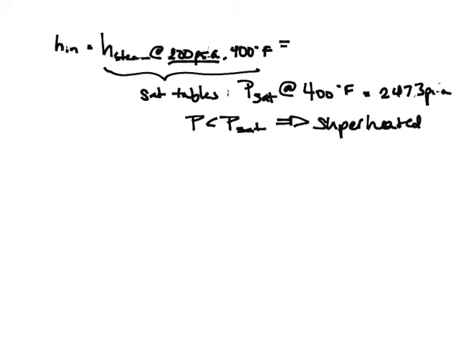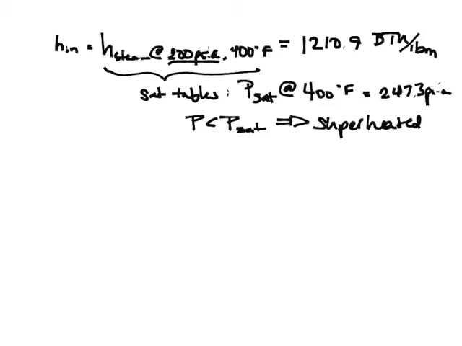What I find from the table is that my specific enthalpy of my steam in the steam line is 1,210.9 BTUs per pound mass. Okay, so now going back to my energy balance, I have another one of my unknowns. Okay, so plugging through them.